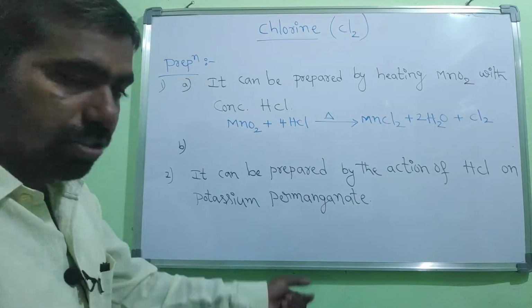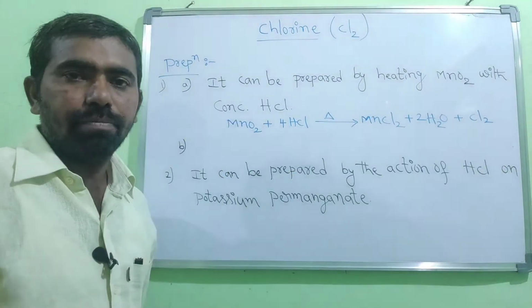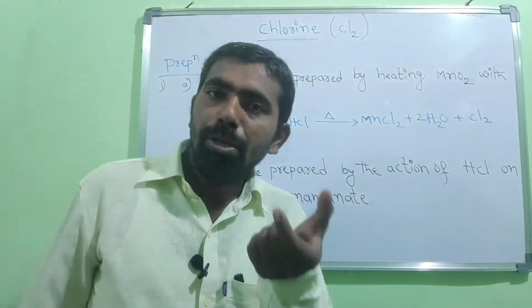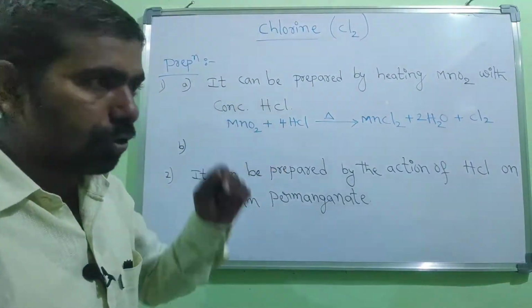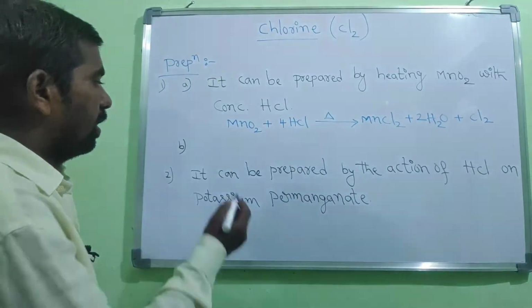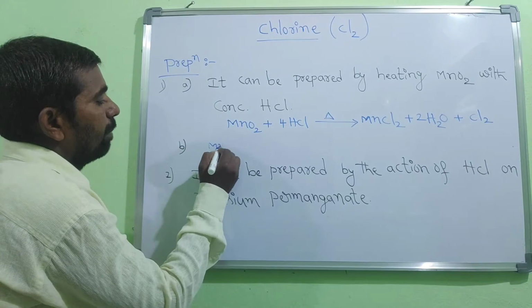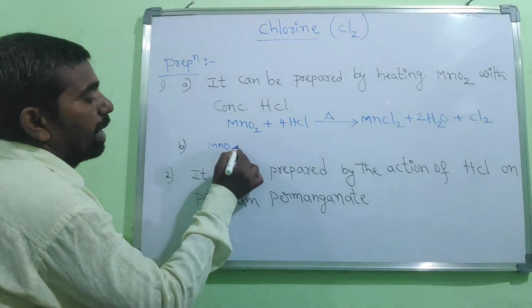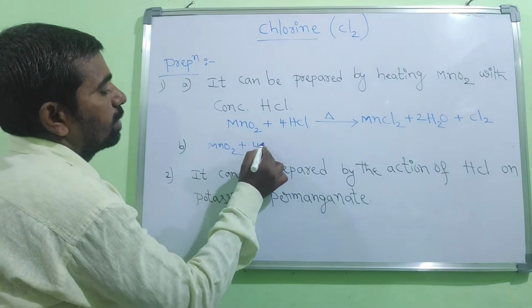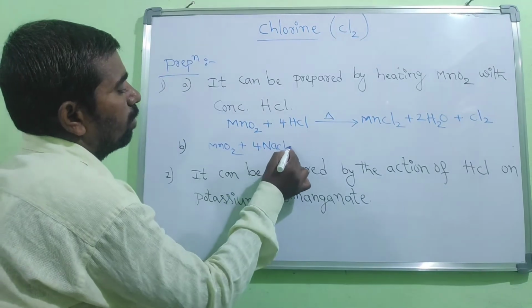And in the next method, instead of HCl, I am taking the table salt NaCl and H2SO4. Straightaway I am writing that chemical equation. Similarly, MnO2, manganese dioxide, plus 4 moles of sodium chloride.